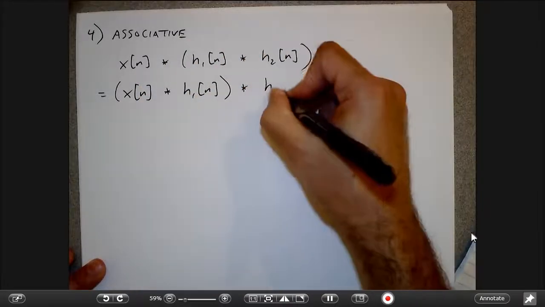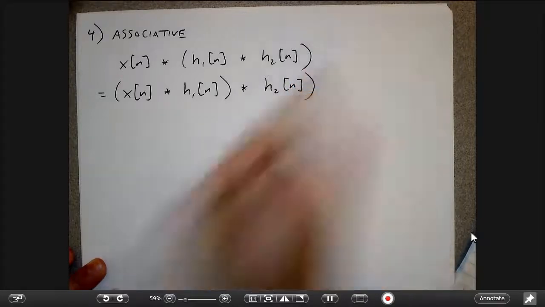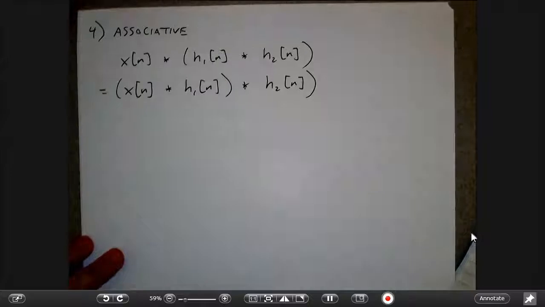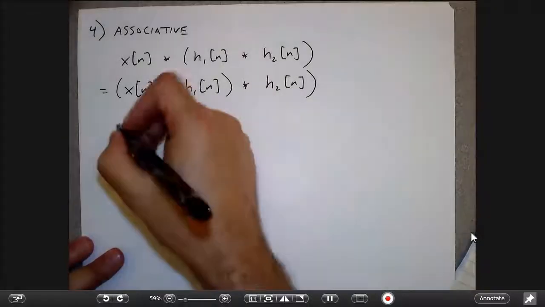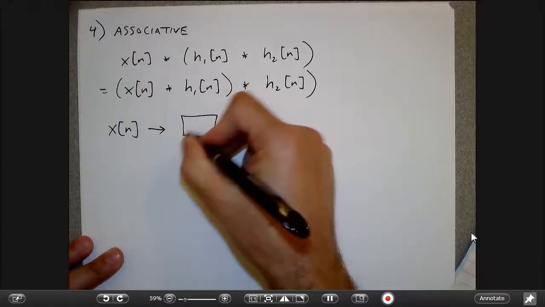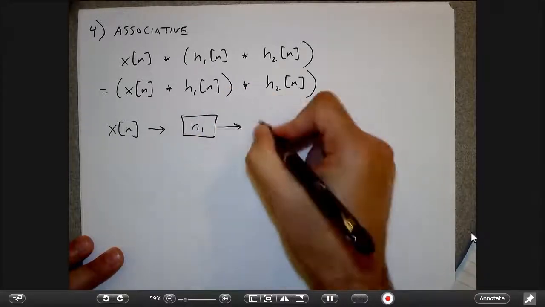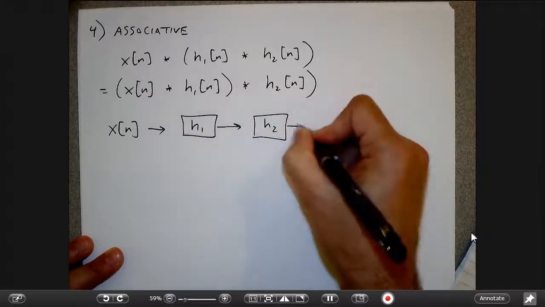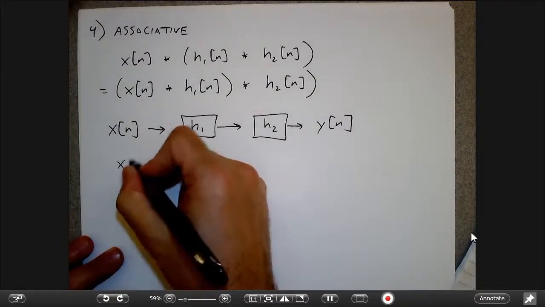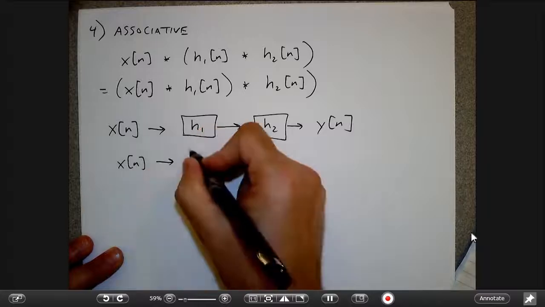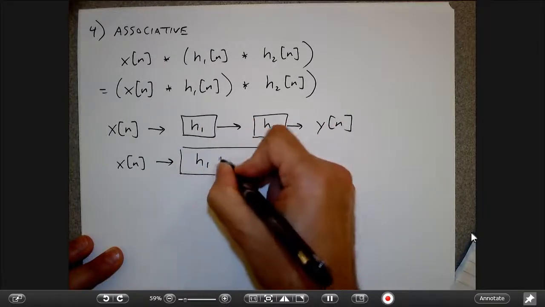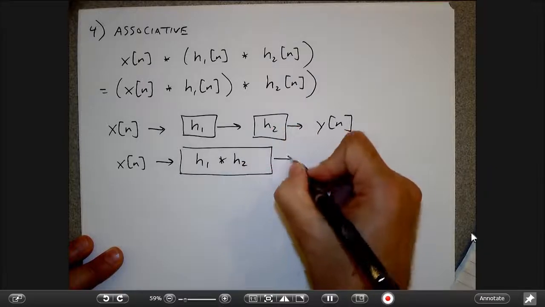I can move these parentheses around, or I could remove the parentheses altogether. This is really important in terms of the way that systems are composed, right? So for example, what this is saying is that if I put a signal through a system with one impulse response, and I put it through some other system and I get my result, that I could equivalently put this through a single system whose impulse response is the convolution of these two guys.